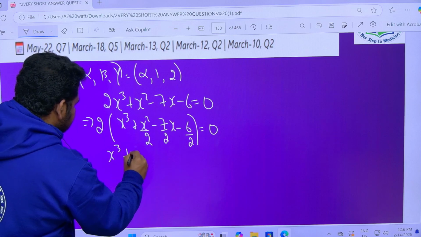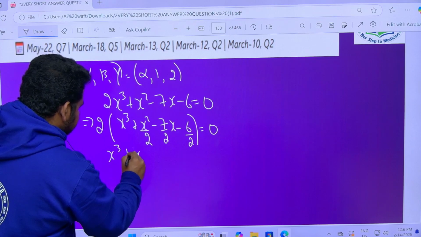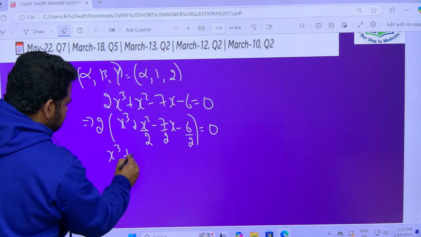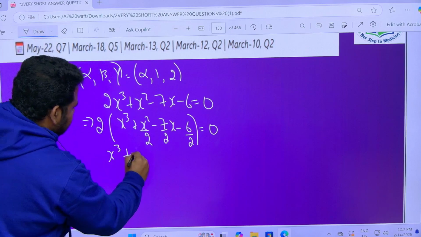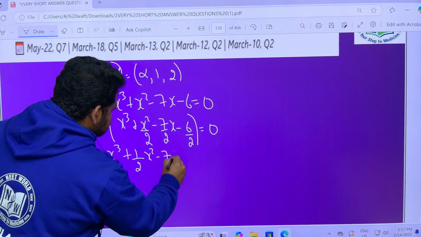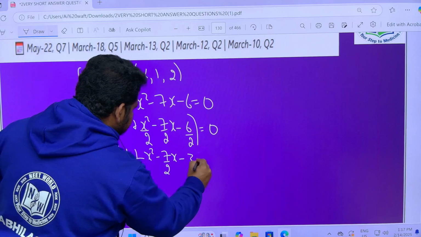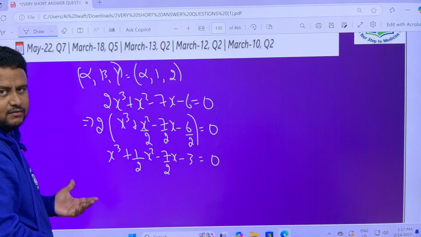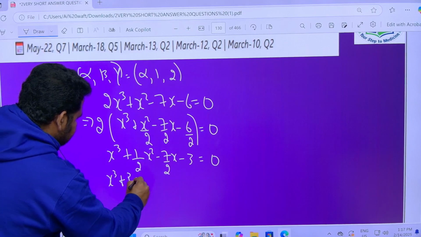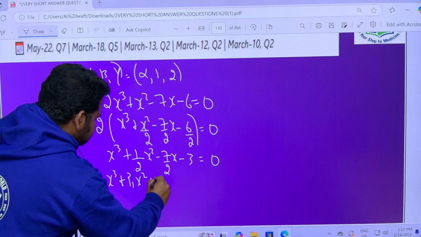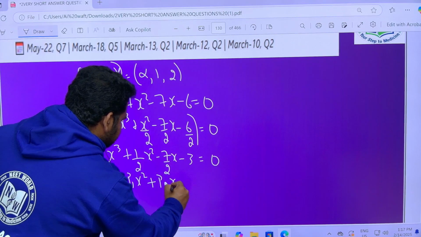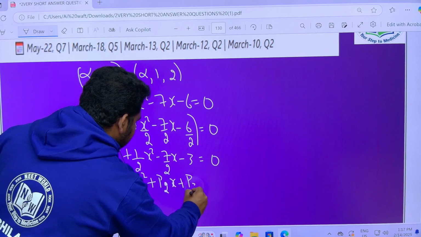X cube plus 1 by 2 x square minus 7 by 2 x minus 3 is equal to 0. So comparing it with our standard equation, x cube plus p1 x square plus p2 x plus p3 will be equal to 0.